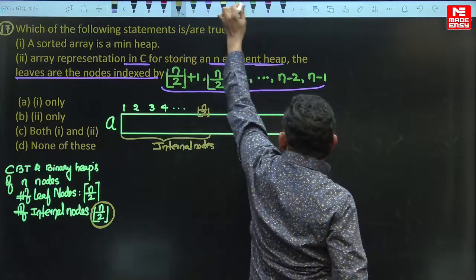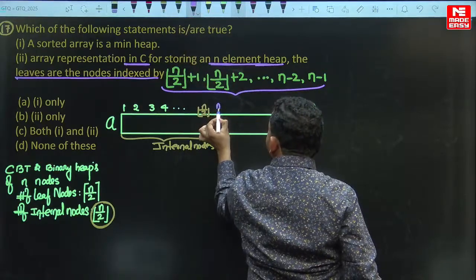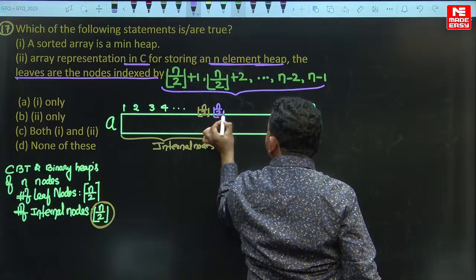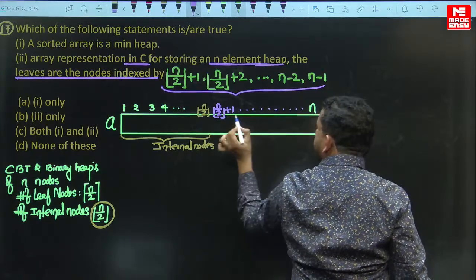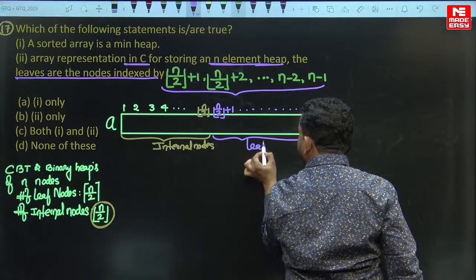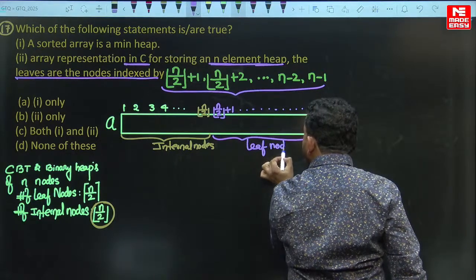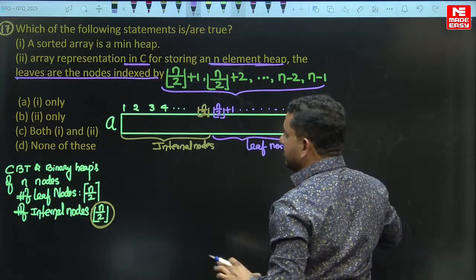The next node onwards becomes the leaf nodes. So floor(n/2)+1 to n are the leaf nodes. Leaf node indexes start from floor(n/2)+1 to n, right?